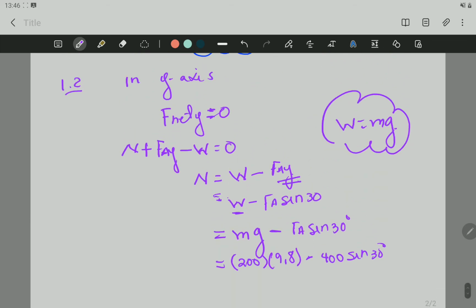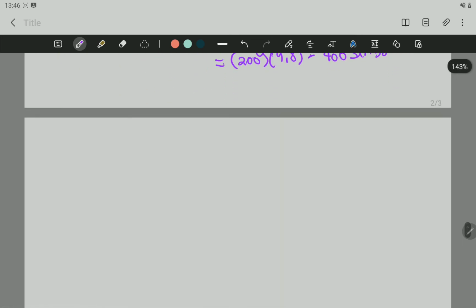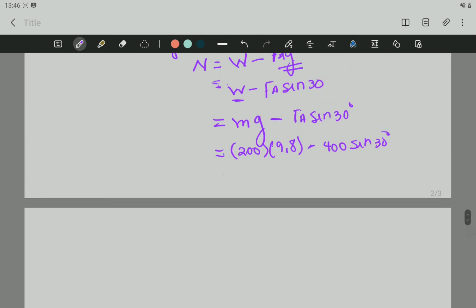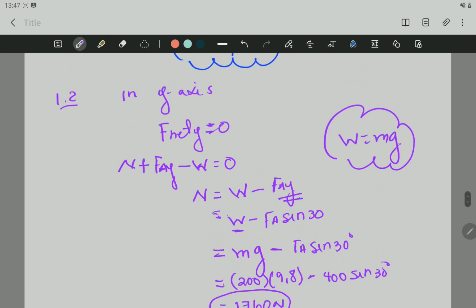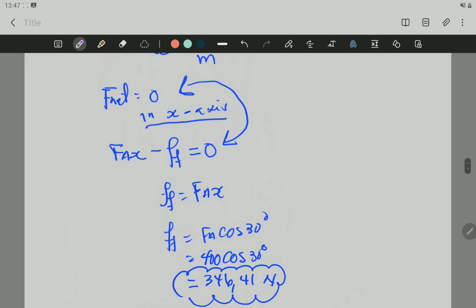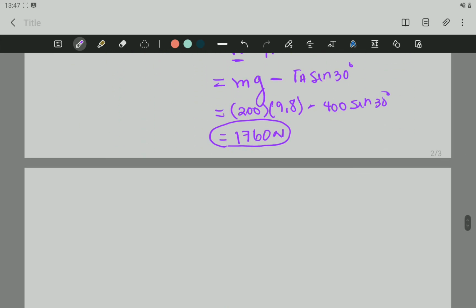And when you do those calculations, which are simple calculations, the final answer for the normal should be 1760 Newton. Okay, that is the value for the normal force. So I hope up until here everything is clear. Let's go to question 1.3.